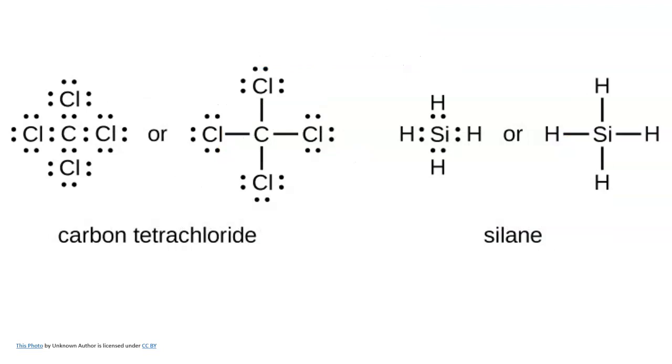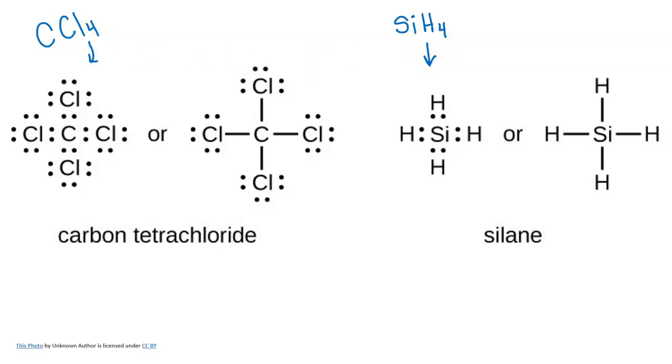So that's going to take us to our 4th guideline. In our 4th guideline, we're going to write the element symbols for all the outer atoms around the central atom. So right here, we are dealing with CCl4, and here, we're dealing with SiH4. That's what this one is, and that's what this one is. Perfect.